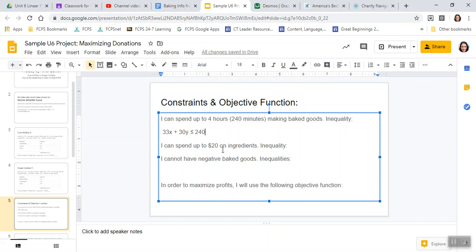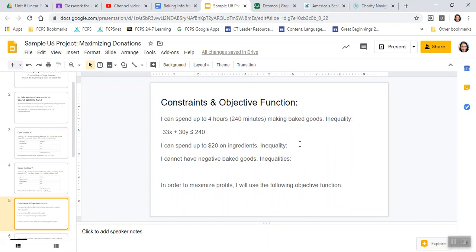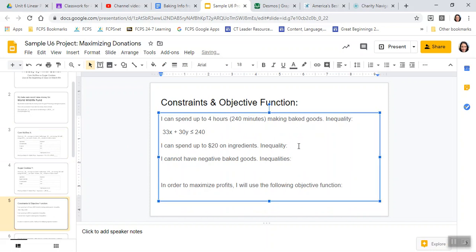I can spend up to $20 on ingredients. So let's go back and see how much the ingredients cost. For this one, it's going to cost $4.13, so 4.13x plus the next one.